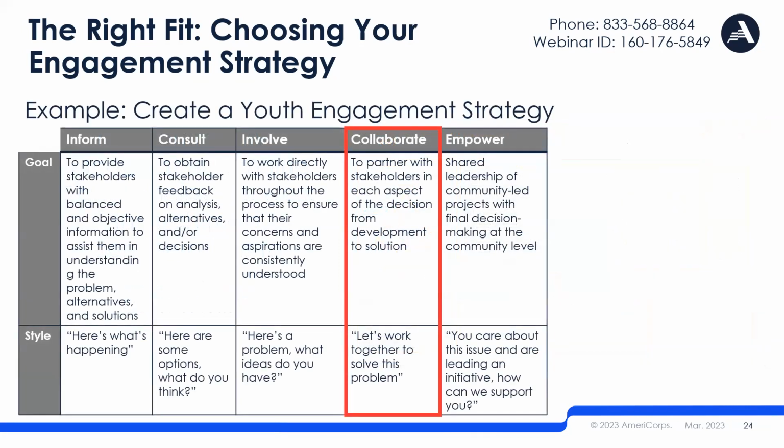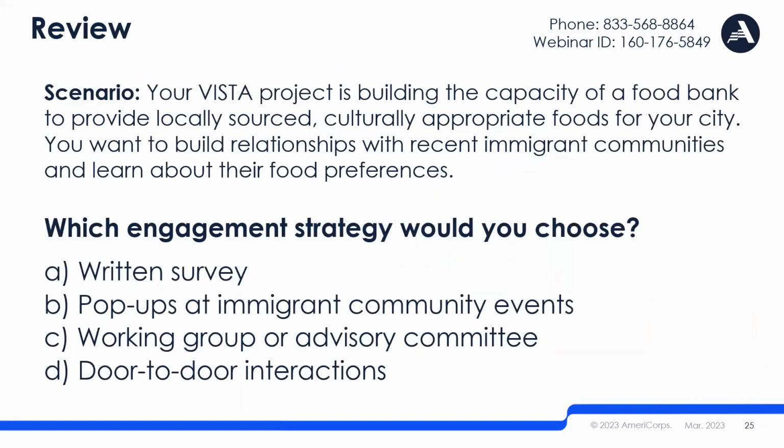Thanks, Sarah. And so if we take a quick moment for a review, so in just a moment, a poll should pop up on your screen, and we have a scenario here. So the scenario, your VISTA project is building the capacity of a food bank to provide locally sourced, culturally appropriate foods for your city. You want to build relationships with recent immigrant communities and learn about their food preferences.